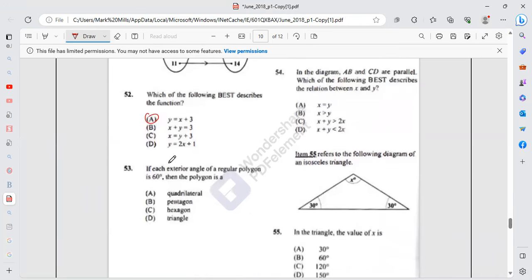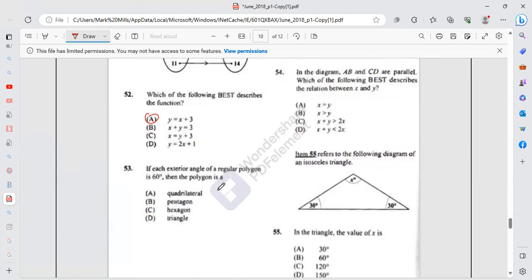Now, they say that if the exterior angle of a regular polygon is 60 degrees, then the polygon is now. One of the things you have to know, everybody, when you add up all the exterior angles of any polygon at all, they should add up to 360.